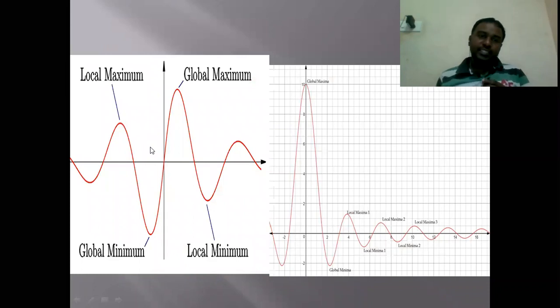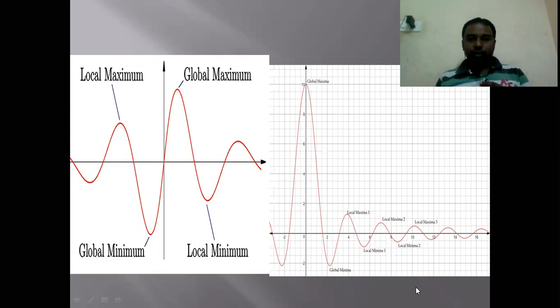For more understanding, I have given two more graphs. What is local minimum? What is local maximum? What is global minimum? What is global maximum? So these four terms we need to understand very thoroughly. Two terms are local, two terms are global.